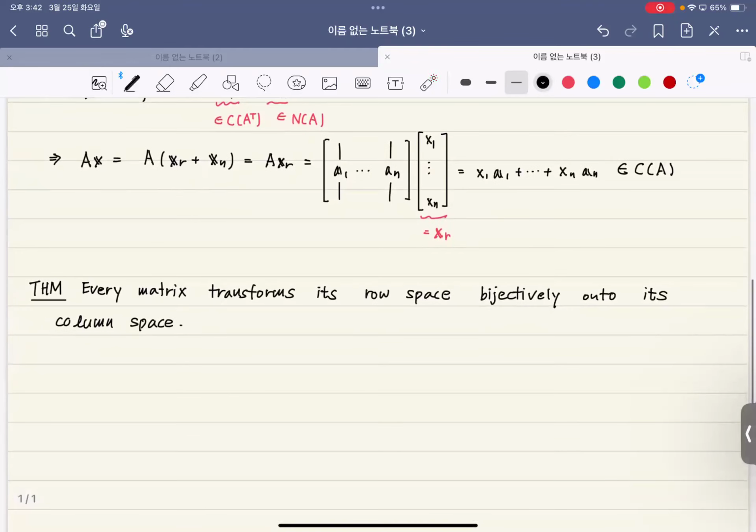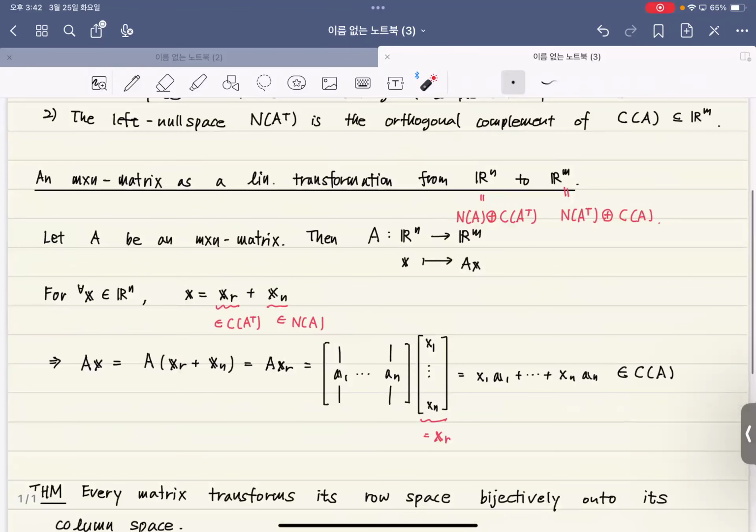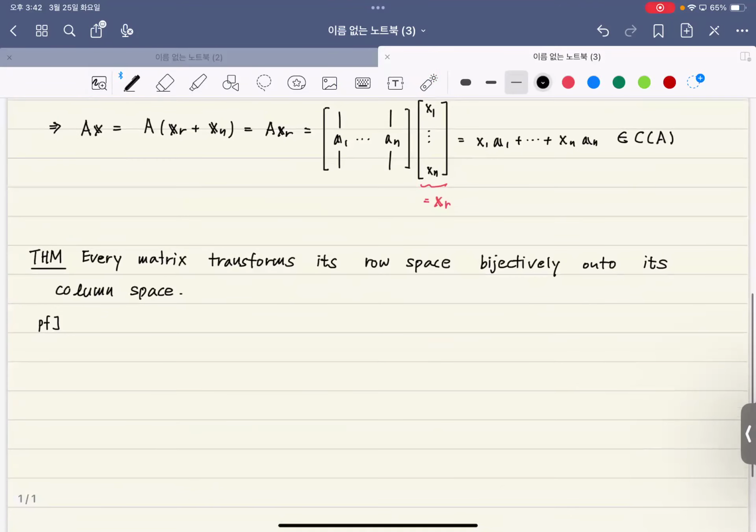All right. So to prove this, I'm going to say the linear transformation A restricted to the row space is a surjection and an injection. I will try to prove the surjective part first.